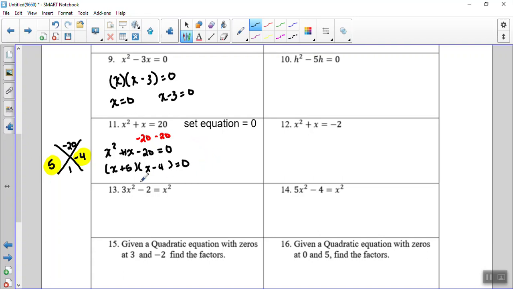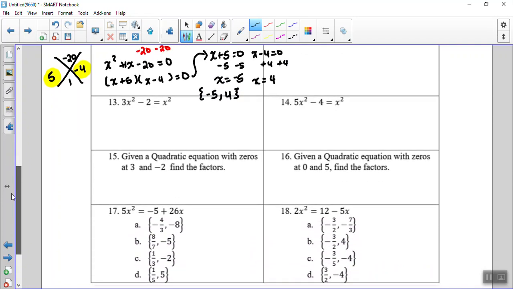So you're going to do x plus 5 equals 0, and then you have x minus 4 equals 0. Solve it. x equals 4. And then, so my solutions are negative 5 and positive 4. Okay?